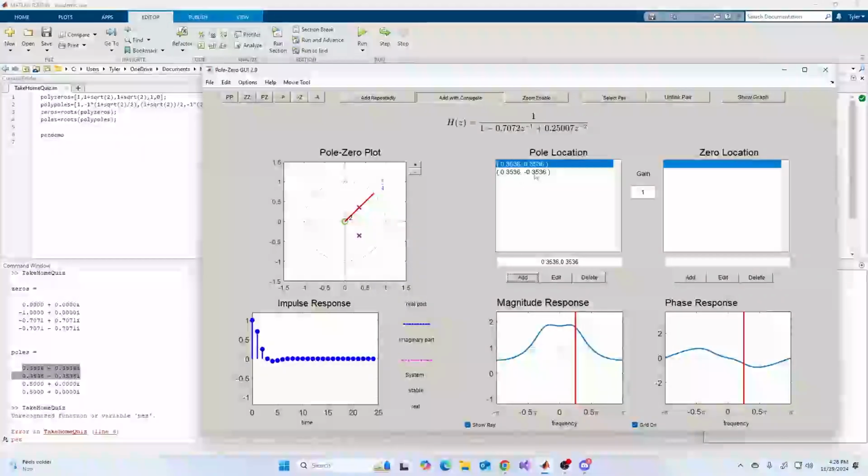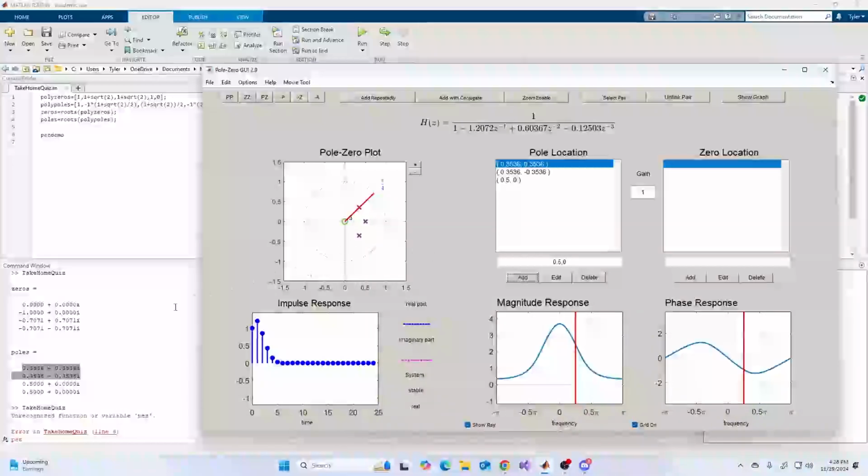Now I'm going to do the same thing here. You notice this is the same exact spot, so I'm not going to add with conjugate, and I'm going to get 0.5 comma 0. I'm going to add it, and add it here.